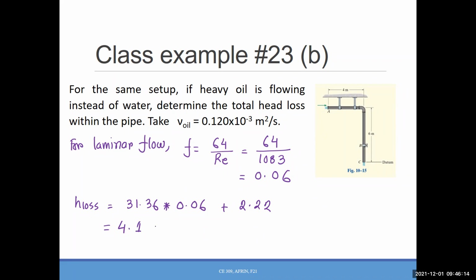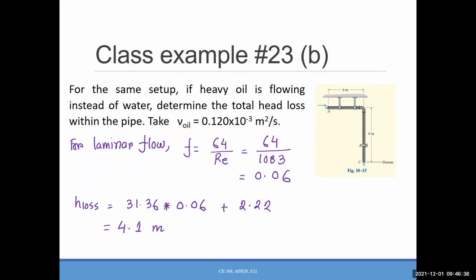And the unit will be meter, right? Because it's a head. Now, if you go back to your class example 23A, what was the loss for water? 3 point something, right? And for the oil with the same setup, now the head loss is 4.1 because of that high viscosity, right?